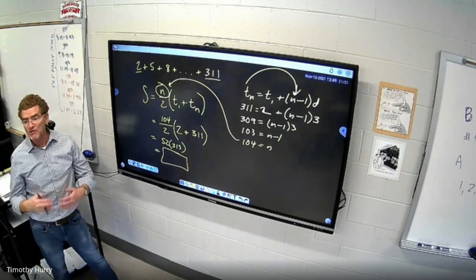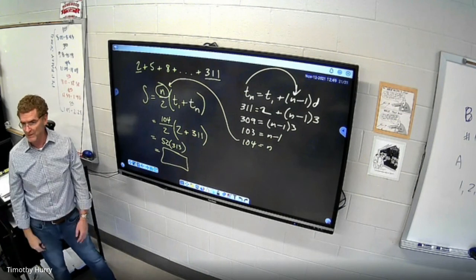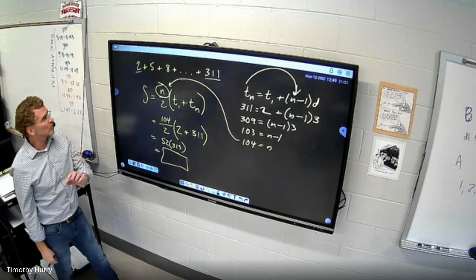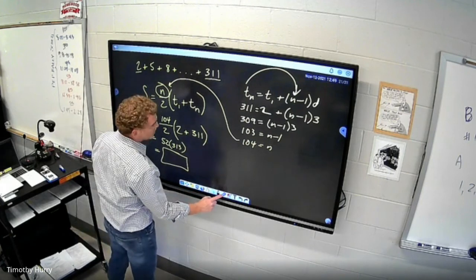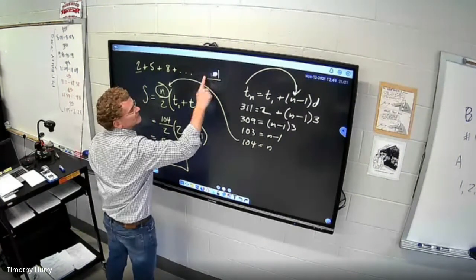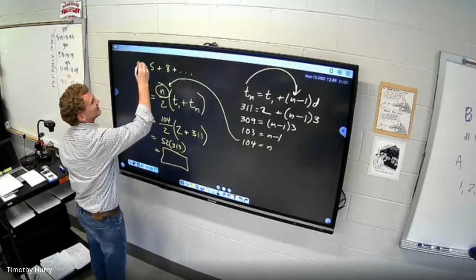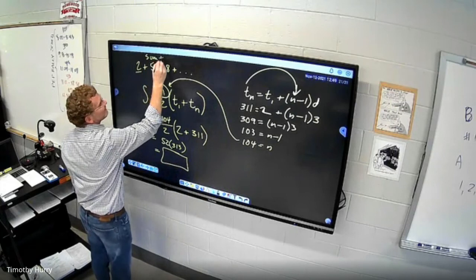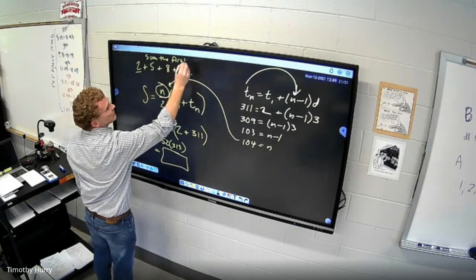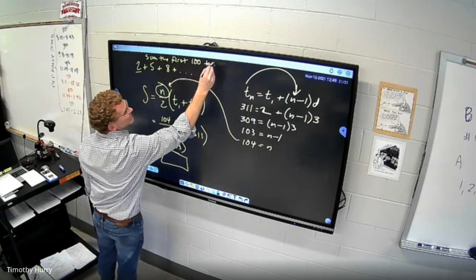And the other way you would see this problem is slightly different. The only difference is I could do this, and watch, it's not a whole lot different. Instead of giving you this plus 311, I could say something like this: sum the first 100 terms.